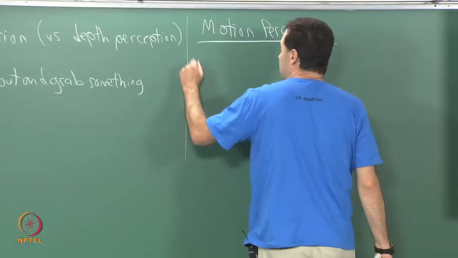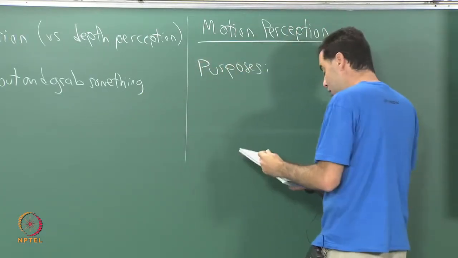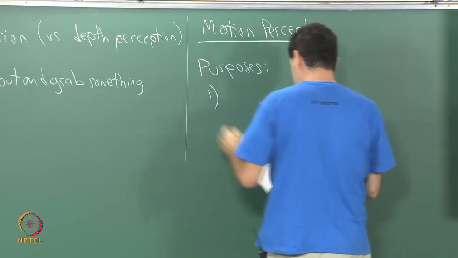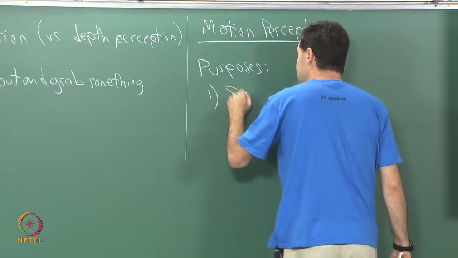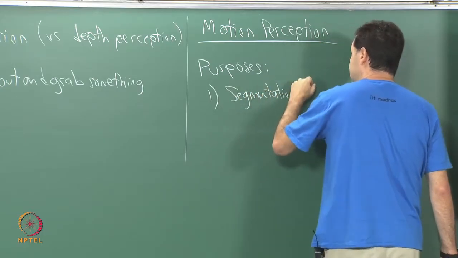So what are the purposes for motion perception? Some of the main purposes. Well, one of them is segmentation or segregation.